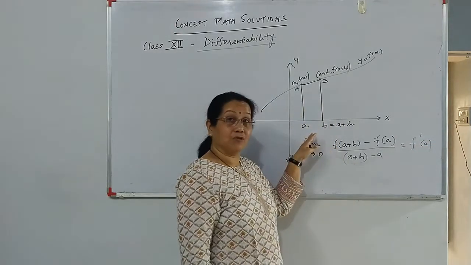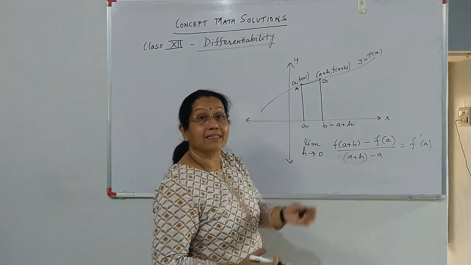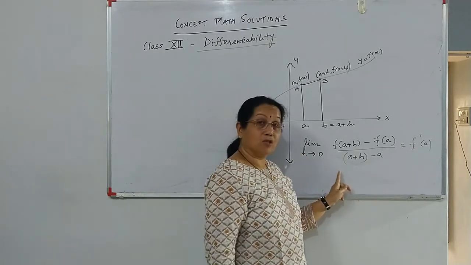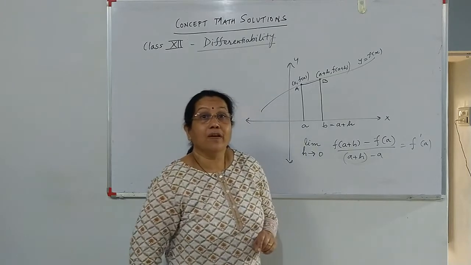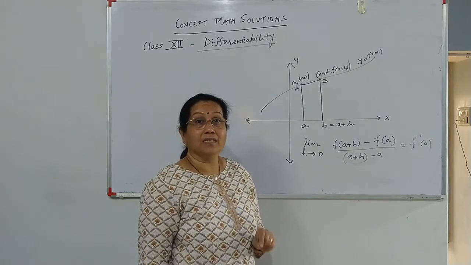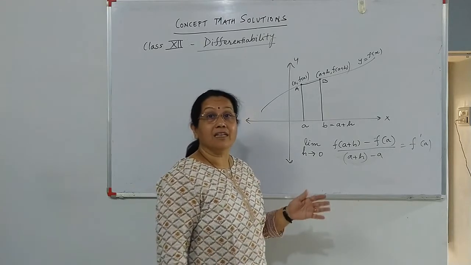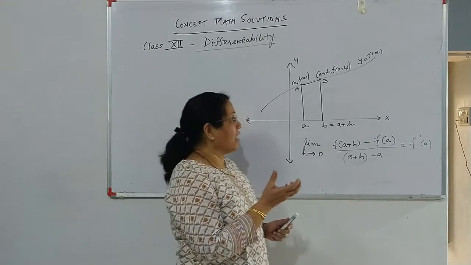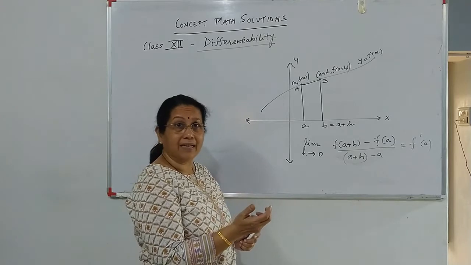When h tends to 0, the secant line tends to become the tangent to the curve, and therefore we have the slope of the tangent as the derivative. Therefore, when you work on tangents and normals or the slope of a tangent, you would be differentiating the function, because a derivative is nothing but the rate of change in y with respect to x, which we call dy by dx.